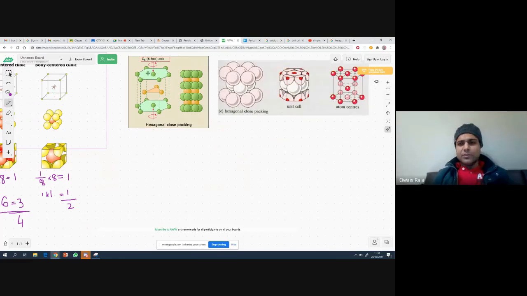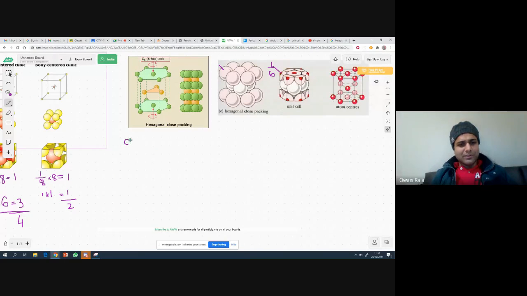Okay. So the way it looks like is you got a hexagon on the top, a hexagon at the bottom, and you got 6 atoms at every corner of the hexagon, 6 on the top, 6 at the bottom. So that's 12 atoms. But then there is another hexagon on this side, another hexagon on the top, bottom, left, right, everywhere. So this atom, which is here, 1/6 of that actually belongs to this unit cell.